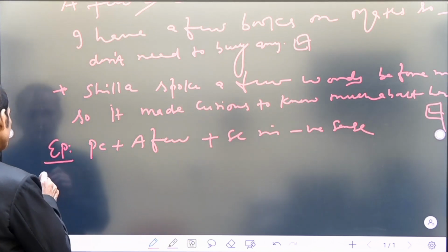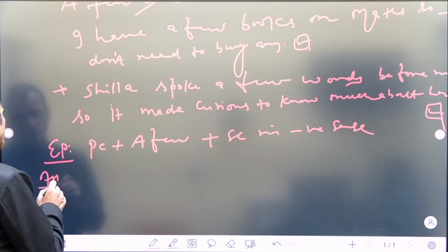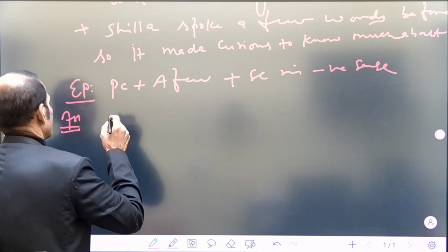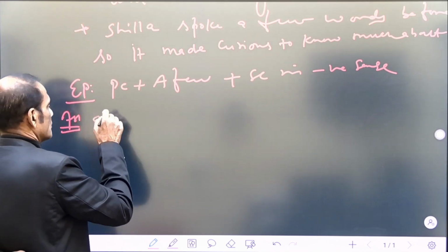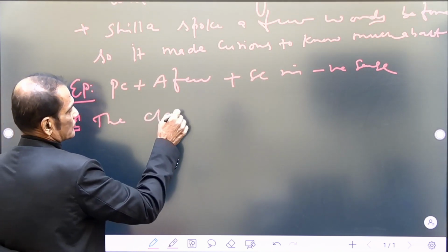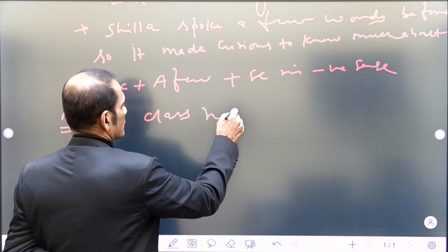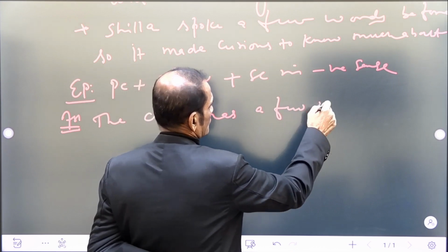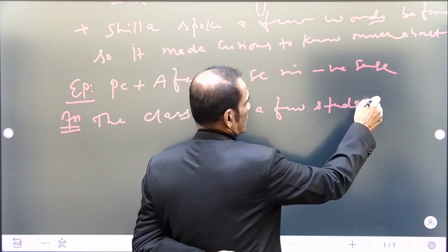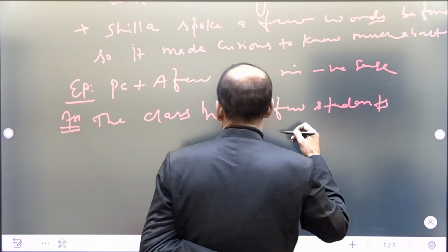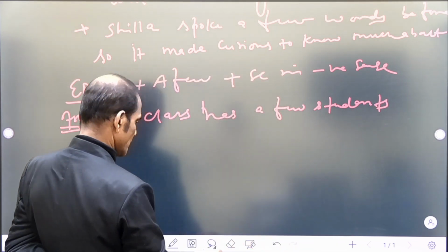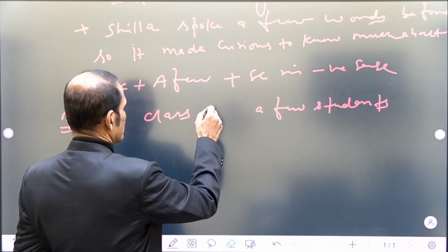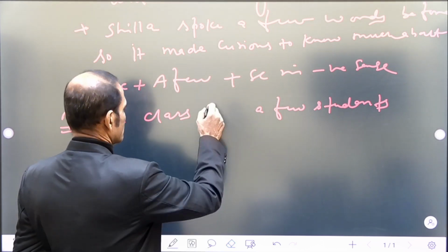For example, the class has a few students interested in English, so I didn't start teaching. One thing I am changing here: I am writing "class had," in past time.